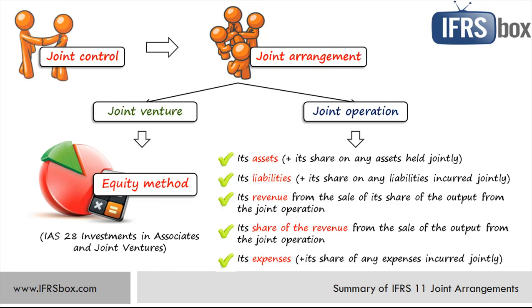So how to account for these items? Well, in line with other appropriate standards. For example, when a joint operator provides some machine in the joint operation, the machine is accounted for in line with IAS 16, Property, Plant and Equipment, just as it would be held by the joint operator in its own business, unless there are some other circumstances.